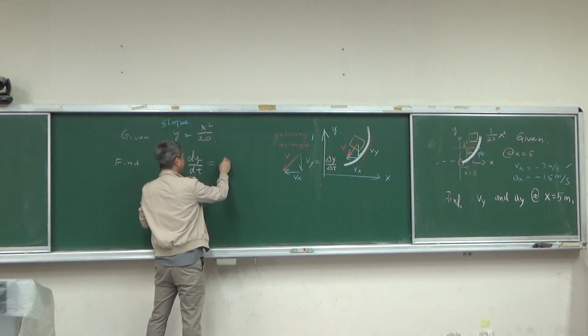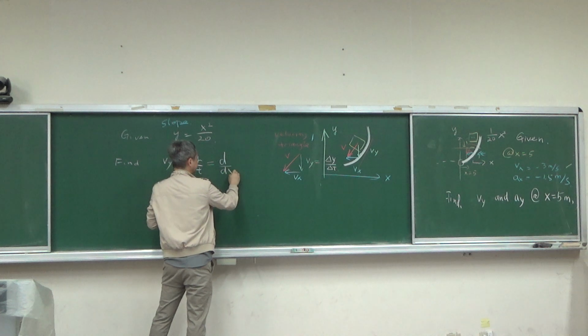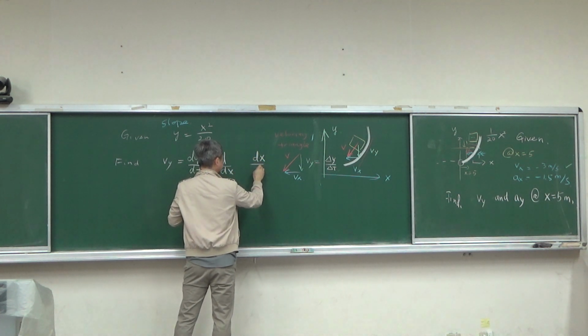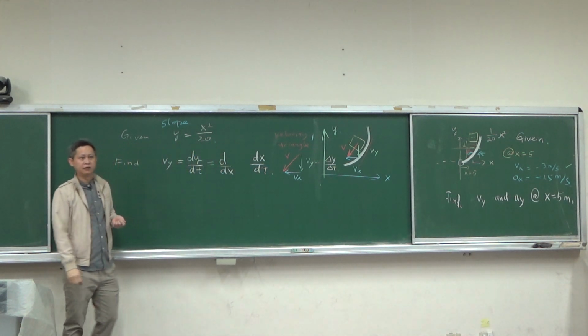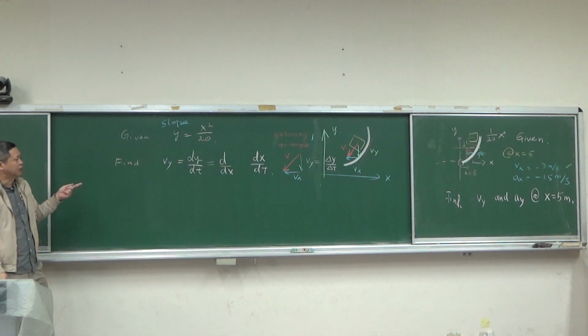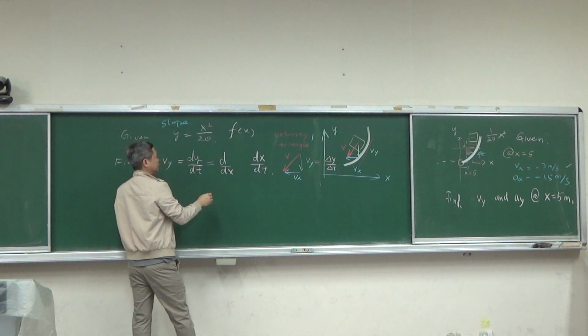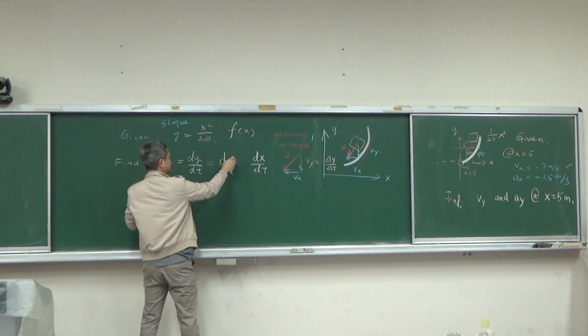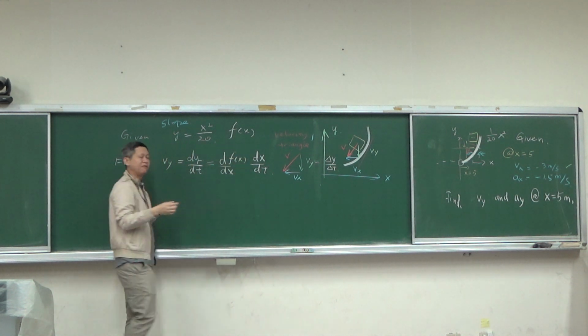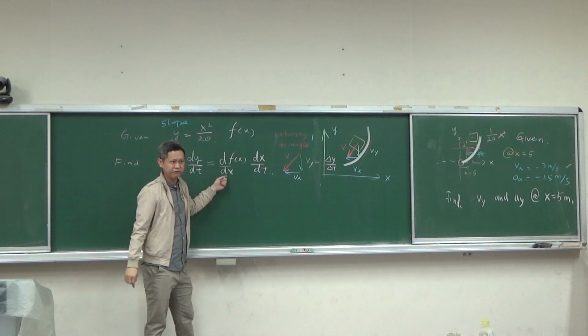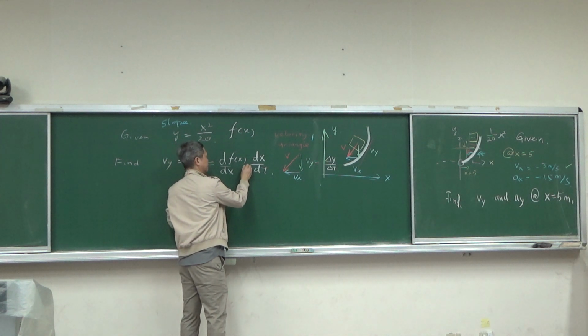Even though I do know the slope, I try to do the differentiation. Let's say you differentiate the thing with respect to x first before you finally differentiate with respect to t, times dx/dt. So what is this action? The right-hand side is a function of x, and I want to differentiate it with respect to time. I can't directly differentiate it with respect to time, so I differentiate with respect to x and then multiply by dx/dt.